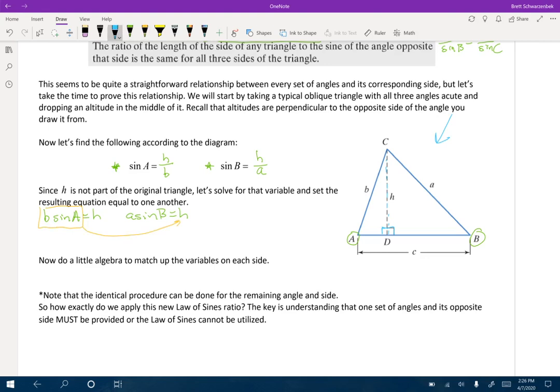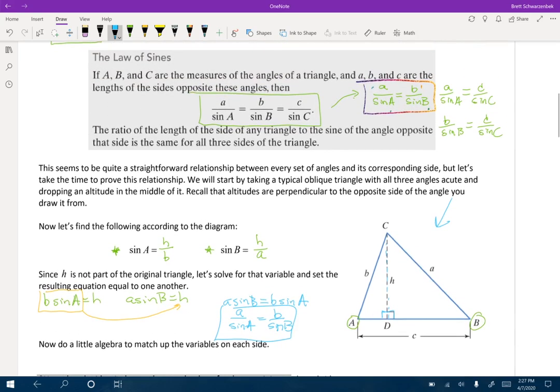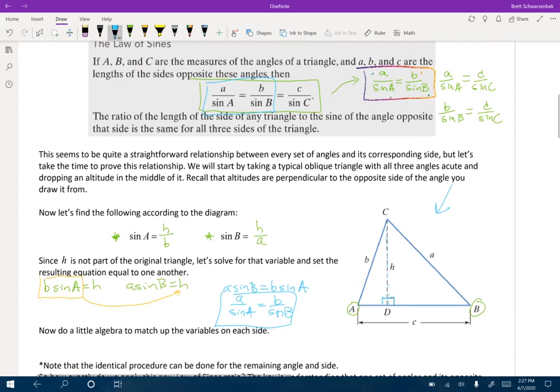We get a sine B equals b sine A. Now we can divide both sides by the sines: dividing by sine A in one direction gives a over sine A, and dividing by sine B the other way gives b over sine B. We end up with the equation a over sine A equals b over sine B, which is the first part of the law of sines.